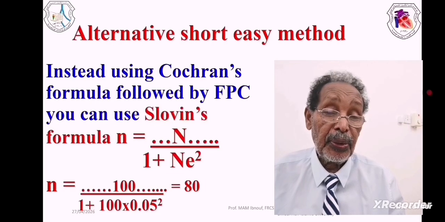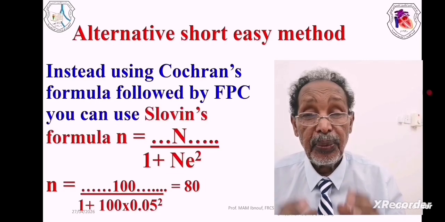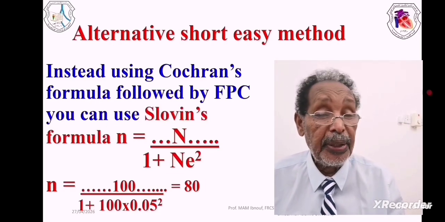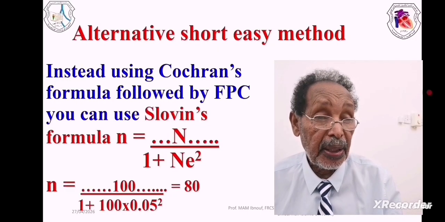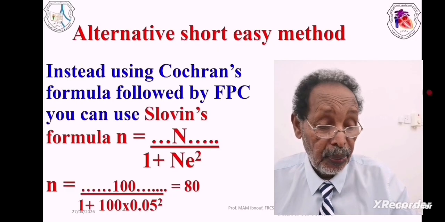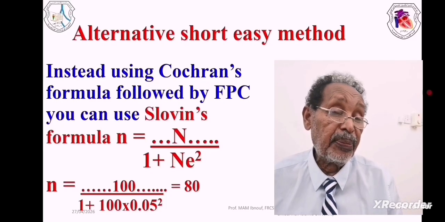Let us suppose we went to the medical record and asked them in 6 months how many cases of cholecystectomies were done in this hospital. And they said, we have the files of 100 patients.